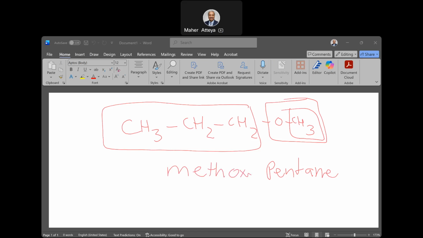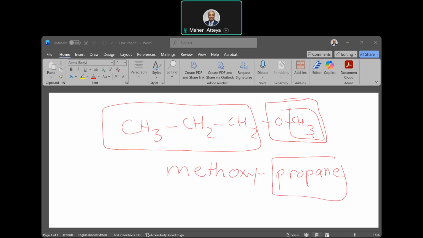Methoxypropane, I apologize, not pentane. So you look at the long chain and give the name, 3 carbons. This is a small chain, 1 carbon. So the 1 carbon will have methoxy, ethoxy, and so on.